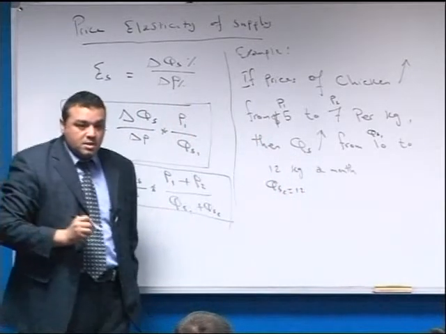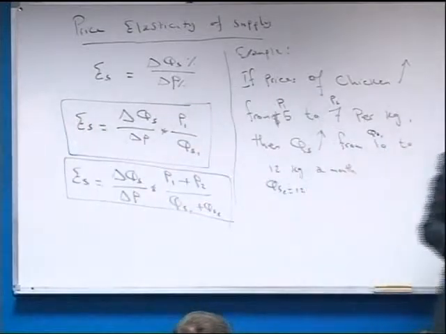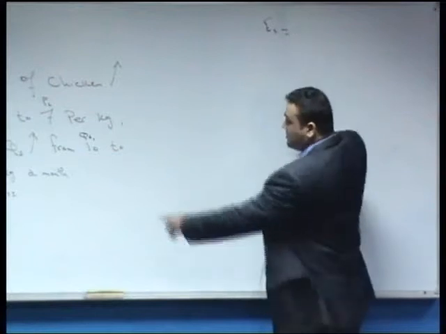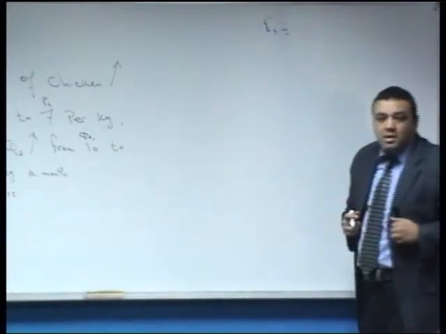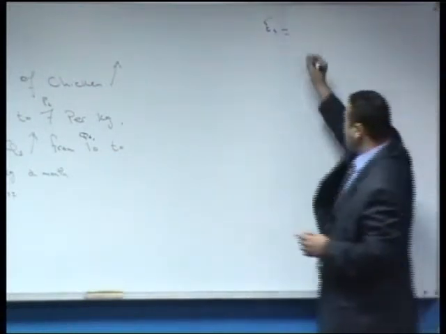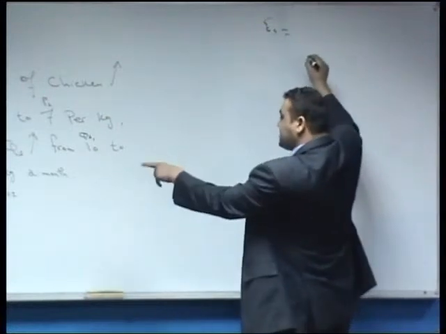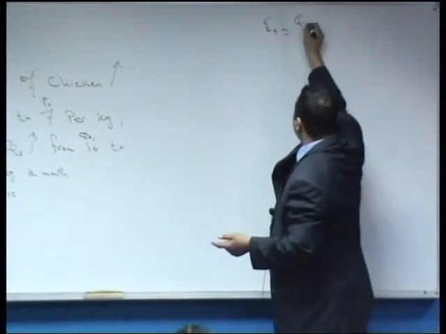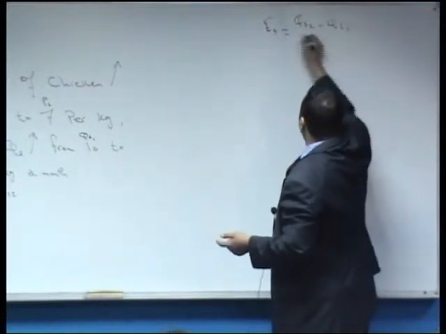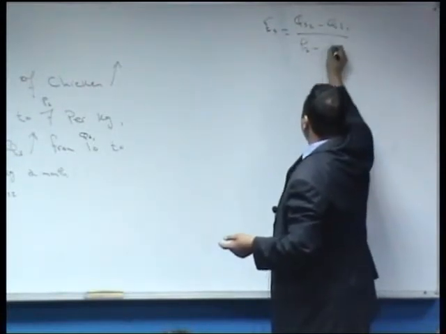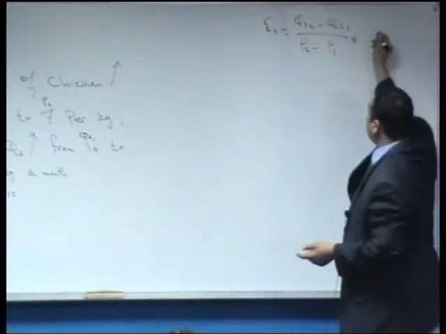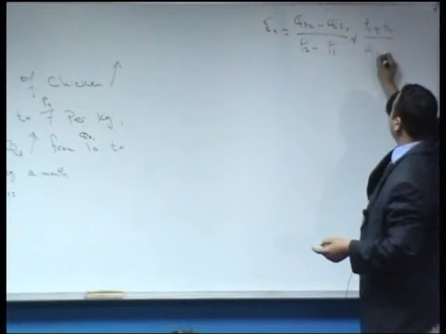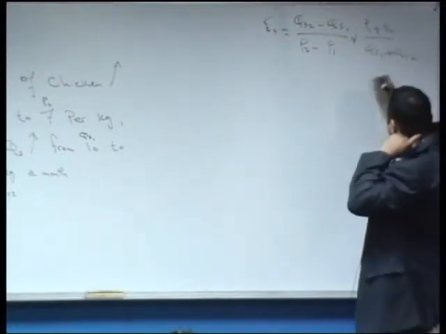Right? So the price elasticity of supply, ES, we are going to use the midpoint formula, equals delta QS, which means QS2 minus QS1, over P2 minus P1, times P1 plus P2 over QS1 plus QS2.